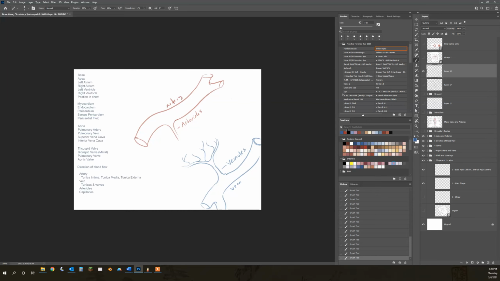If we get our arterioles, they're going to split off, and these are going to have capillaries. So these are capillaries. These are capillaries.